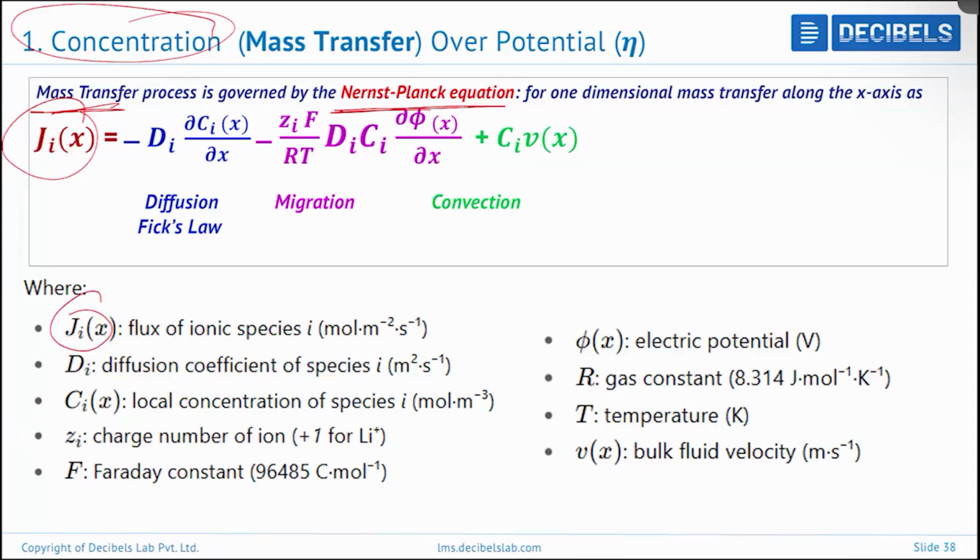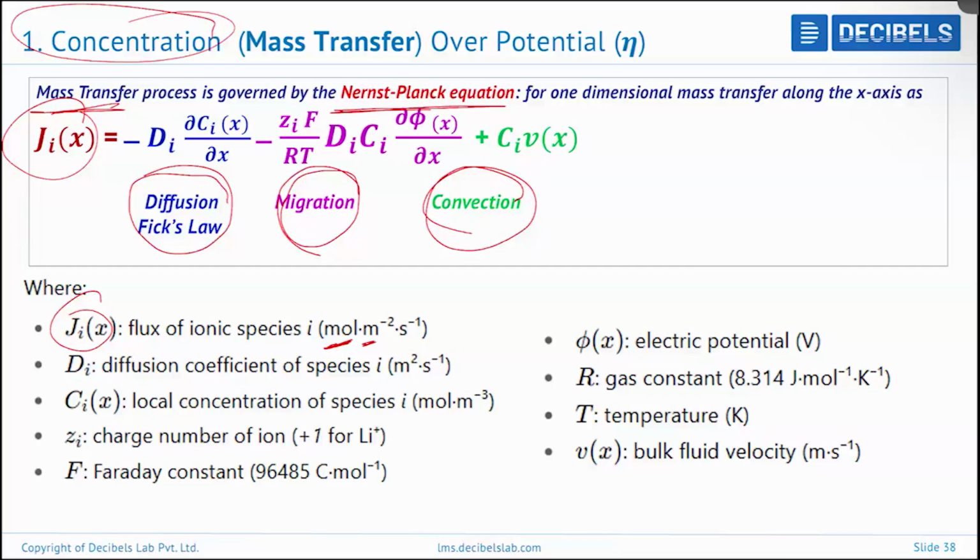The flux is the number of moles of lithium ions per centimeter square on the surface of the electrode per second. It depends on three parameters: diffusion, migration, and convection of the lithium ions. Three phenomena are involved in order to make it uniform.